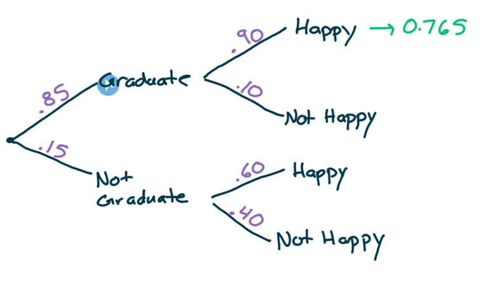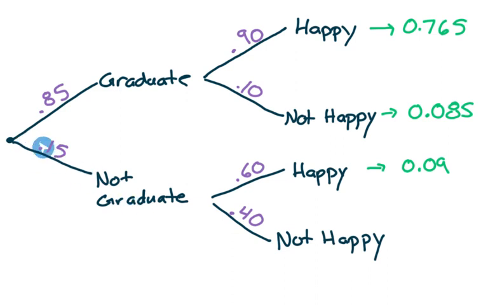So then the probability that somebody graduates and is not happy, 0.85 times 0.10, would be 0.085. The probability that somebody did not graduate and is happy would be 0.15 times 0.60, which would give me 0.09.